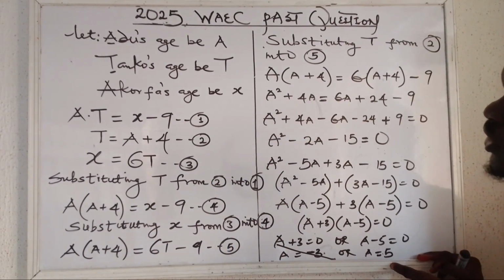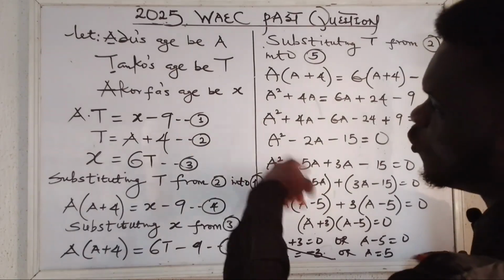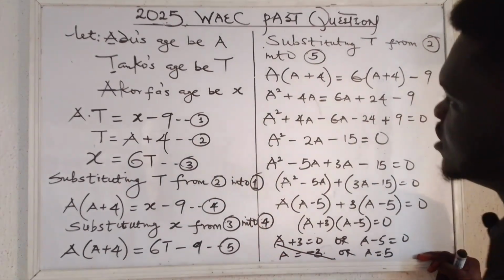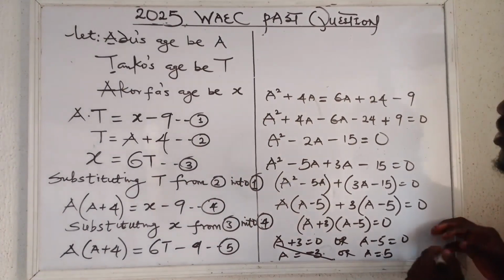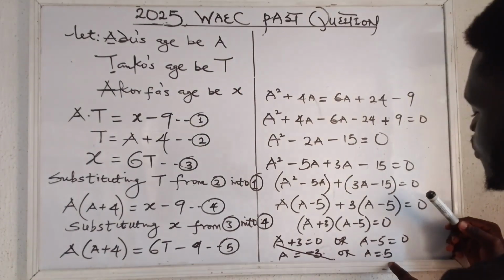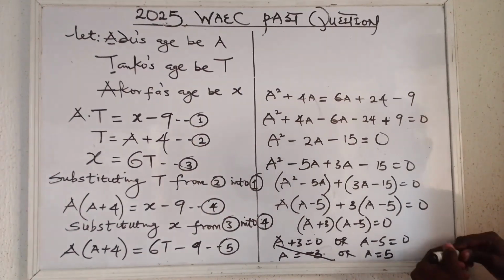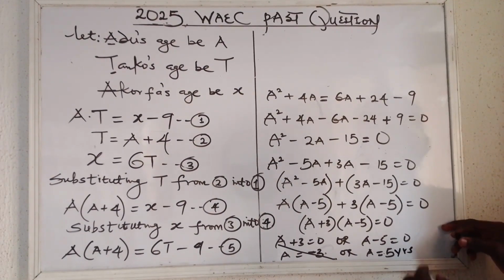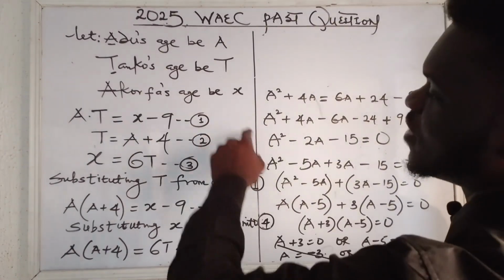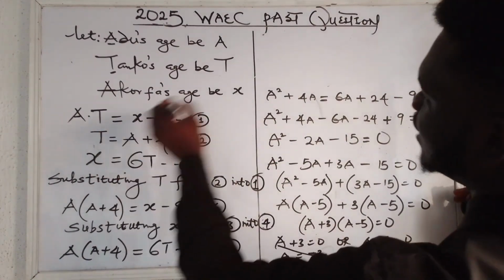So since you have gotten Adu's age, we can get Akofa's age. How can we get Akofa's age? Let's quickly see. We have gotten Adu's age to be positive 5. So Adu is 5 years old. Now let's get Akofa's age. How can we get Akofa's age? We have to get Tanko's first.